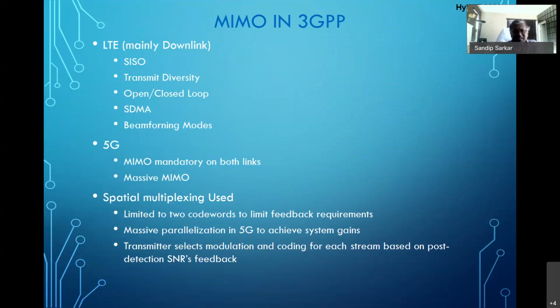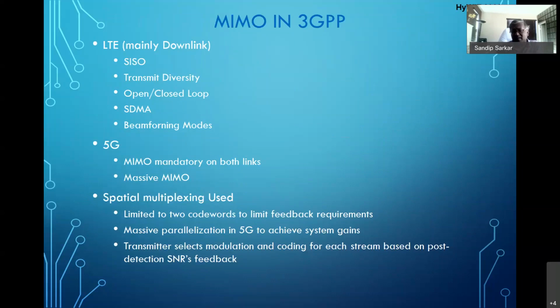In LTE, there were 7 transmit modes initially, and then there were others, which included SISO, transmit diversity, open or closed loop, a very Stone Age SDMA, as we used to joke, and then some beamforming modes. Now in 5G, MIMO is mandatory on both links, and all these modes have been dispensed with.